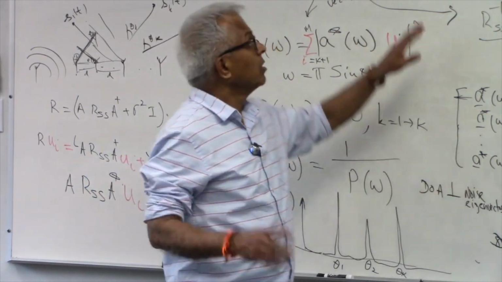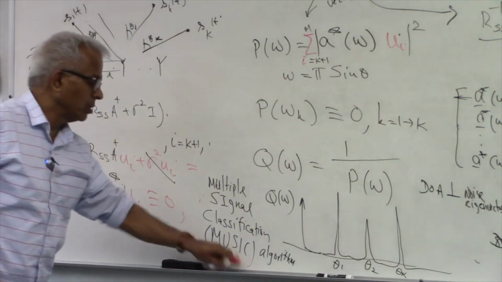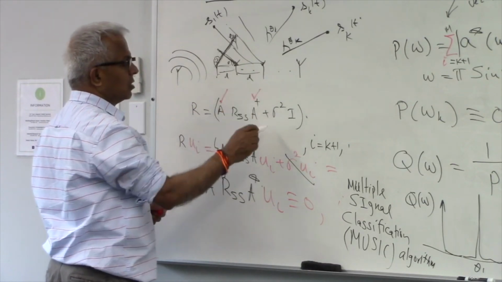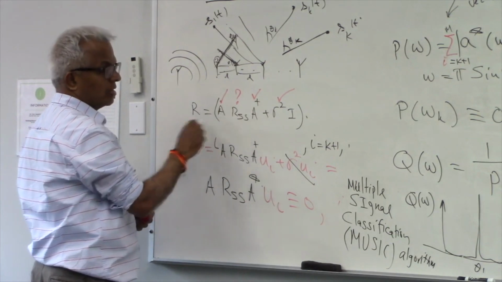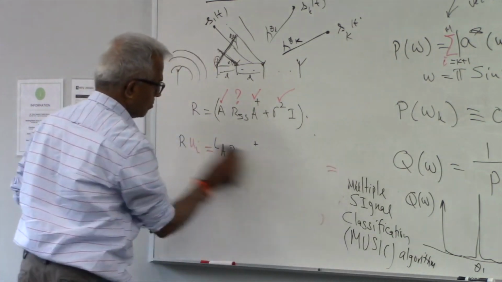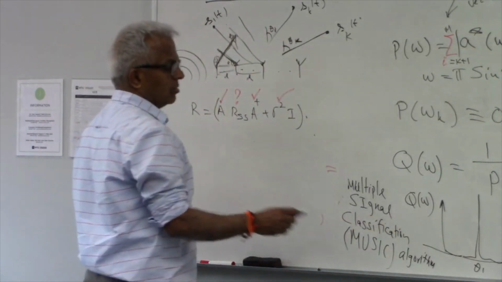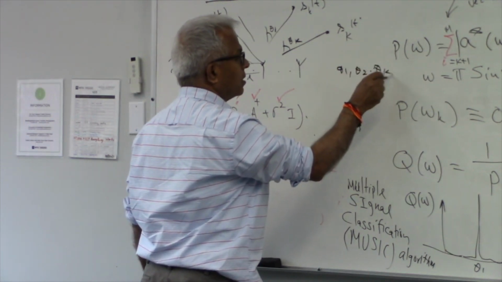So finally, going back to this equation, look here. Once we find out this is known, sigma squared we figured out, then to find out RSS, you can see what you need to do. So let me write that step and conclude with that. So this way you can determine theta 1, theta 2, etc., theta k.